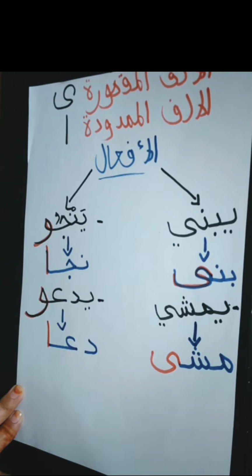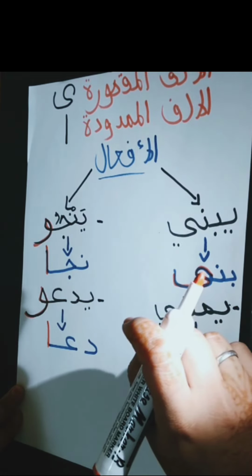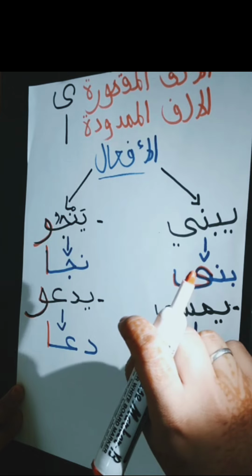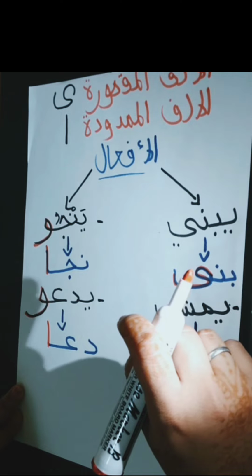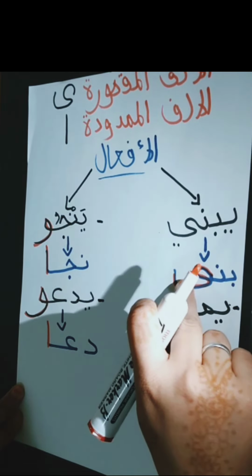Okay, the conclusion of what we talked about: for a verb, we should know how we can write الألف الممدودة and الألف المقصورة. We should put the verb in present tense. If it ends with الياء, then we write الألف المقصورة.